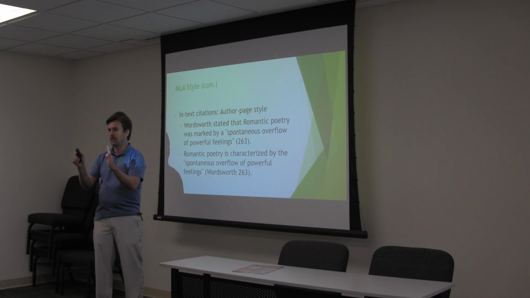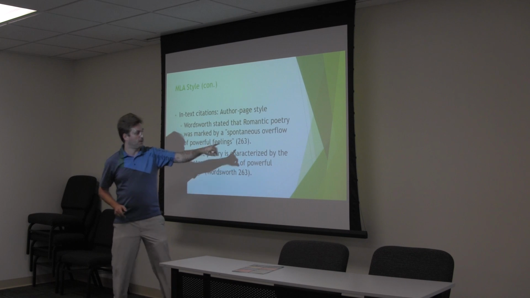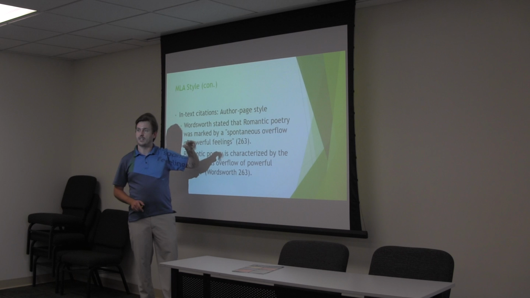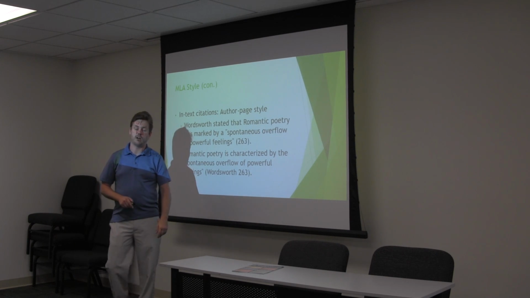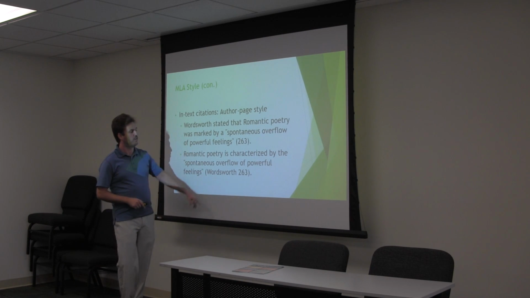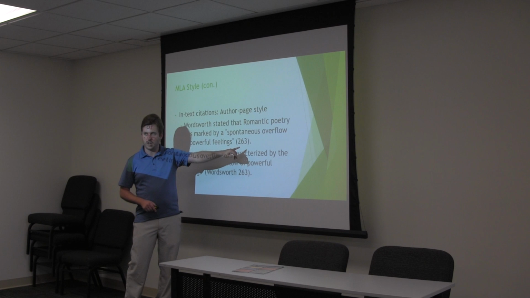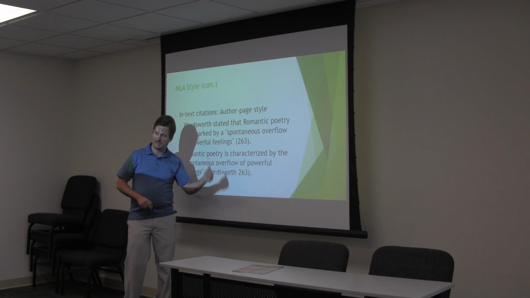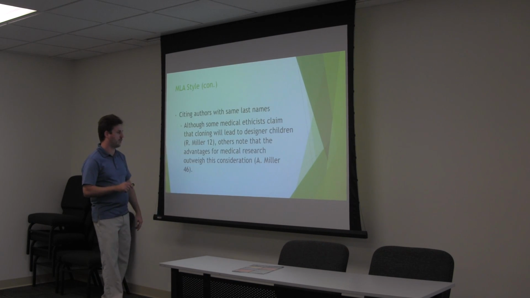Then you actually have the period in front, which a lot of students mix up. So when I say period on the outside, most of the time that's the case, except when you're doing a block quote. Then you have it inside.